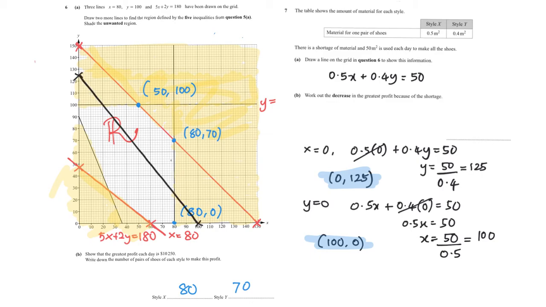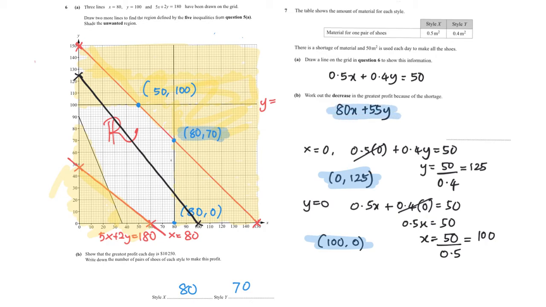Okay, so a straight line here, and then work out the decrease in the greatest profit because of the shortage. We know the greatest profit earlier we get from this point, from 80, 70. And the greatest profit expression is 80x plus 55y from the previous question.